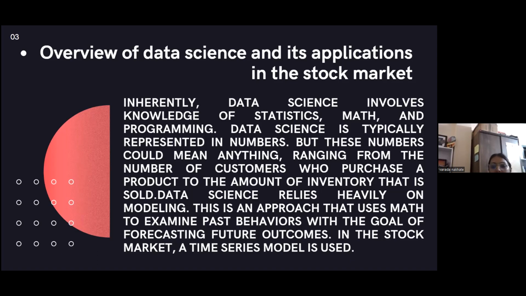How it is used in stocks is that to buy a particular stock, we need to know its history. We predict how we will get maximum profit from it, and in this way data science comes into the picture, where it deals with the numbers.